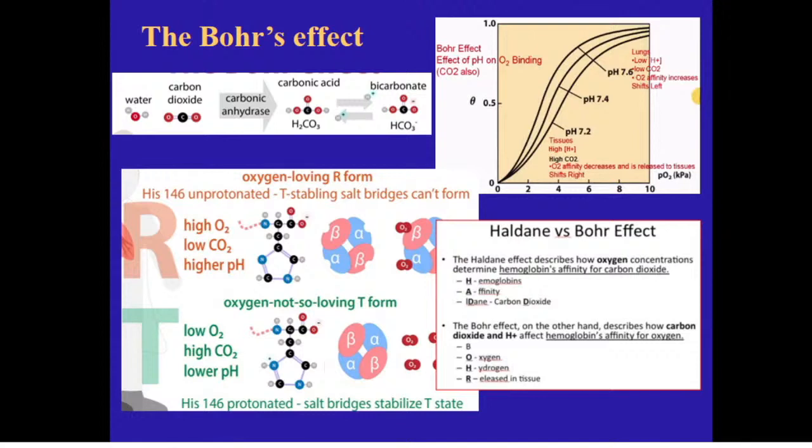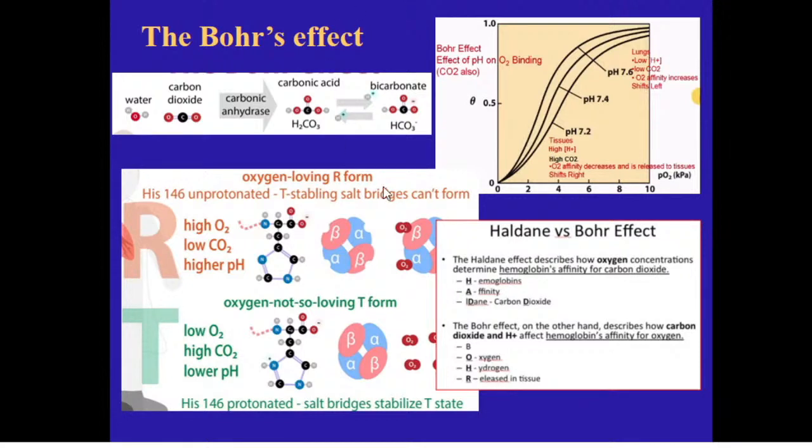This histidine can form an ionic bond, plus will interact with negatively charged radicals, and all subunits will be connected with these salt bridges, ionic bonds, in a more compact conformation, and this T state does not love oxygen. It allows oxygen to go from the subunits of hemoglobin to the peripheral tissues.